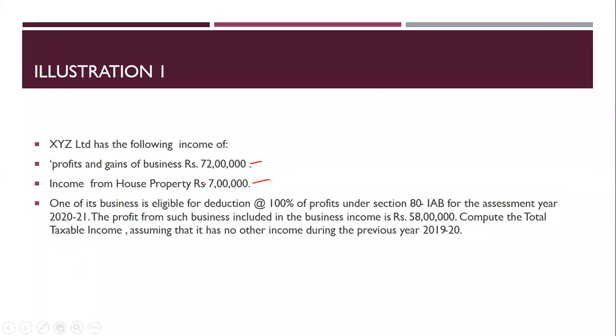For the assessment year 2020-21, the profits from such business included in the business income are 58 lakhs. Compute the total taxable income, assuming that it has no other income during the previous year 2019-20. Okay, okay, thank you.